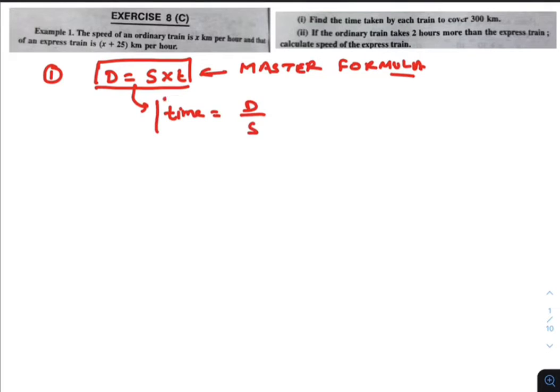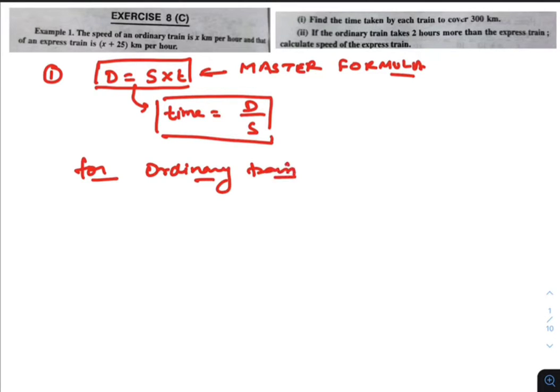Now, as in the question, the speed of the ordinary train is given as x km per hour, for the ordinary train, and for the express train.